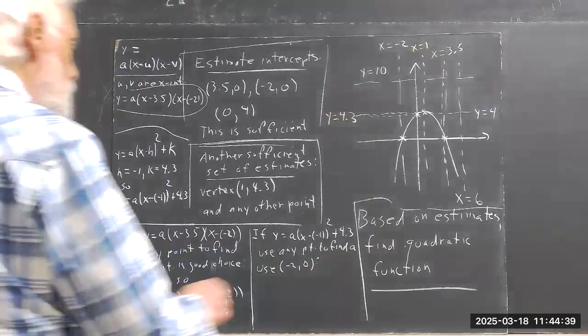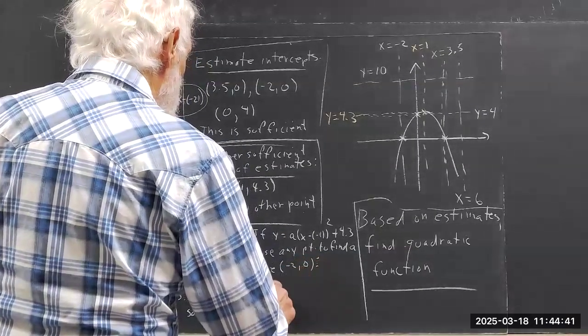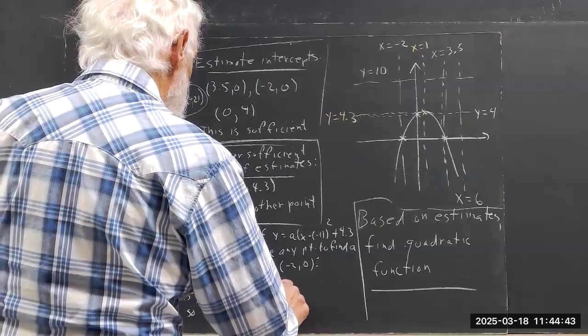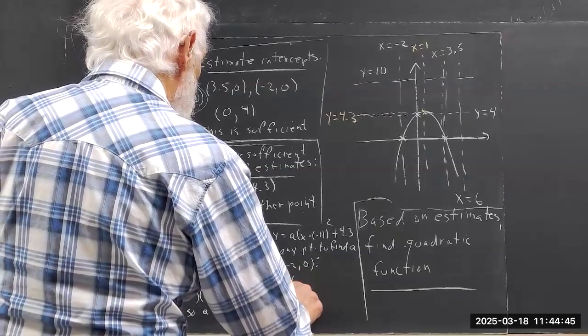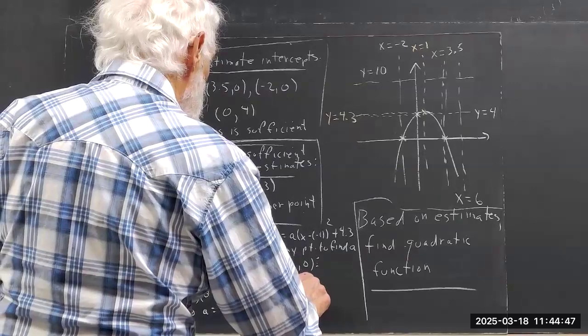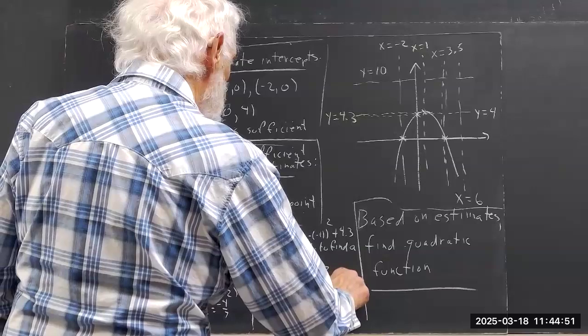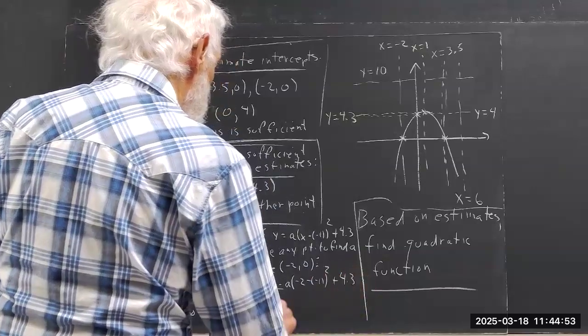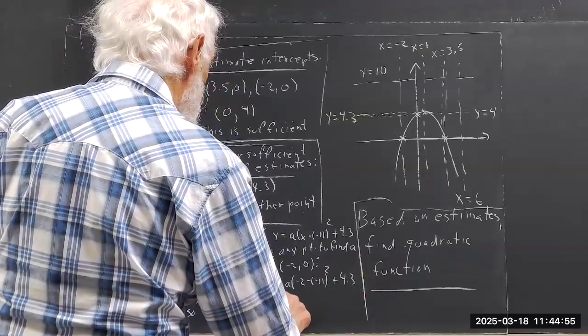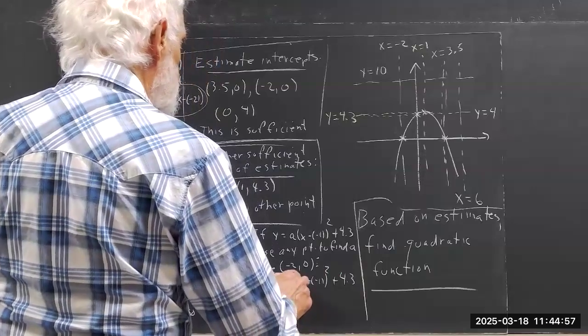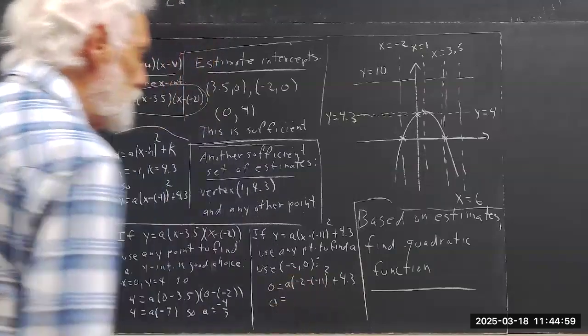Use -2, 0, so we get 0 equals A times (-2 minus -1) quantity squared plus 4.3. Okay, what is -2 minus -1?